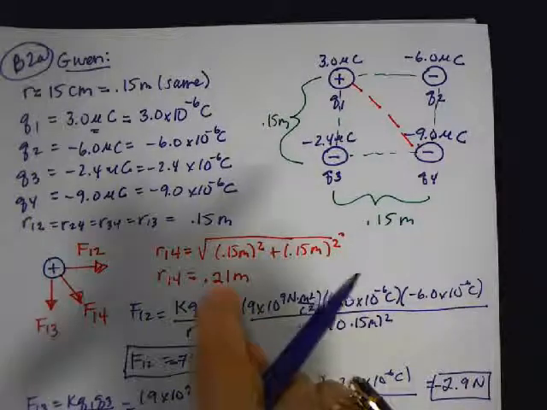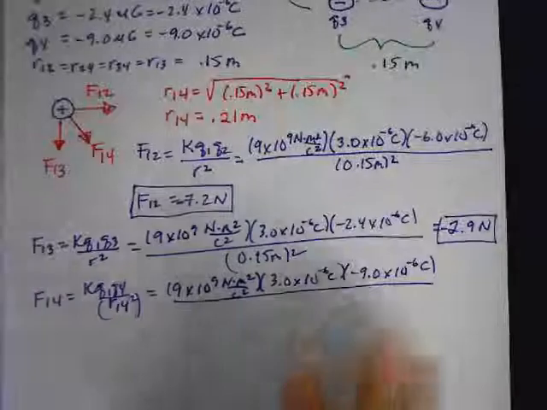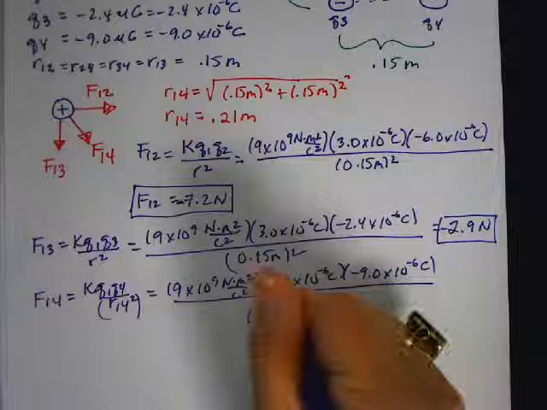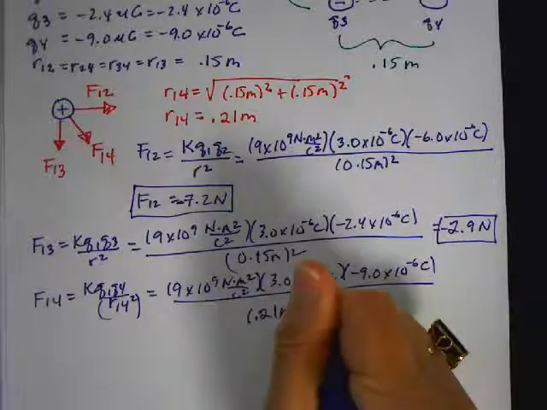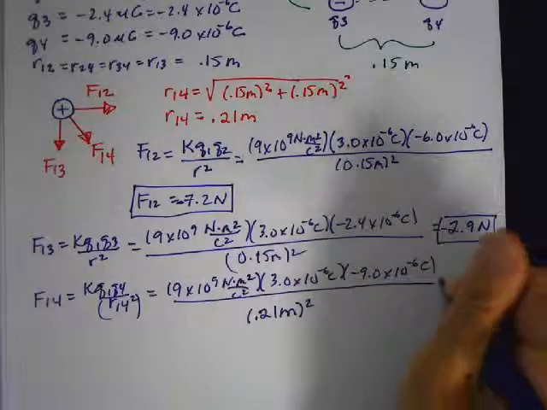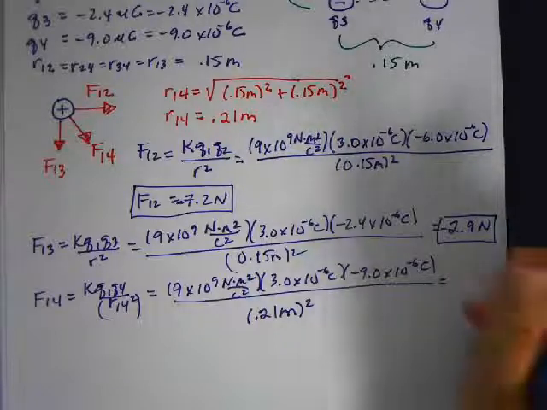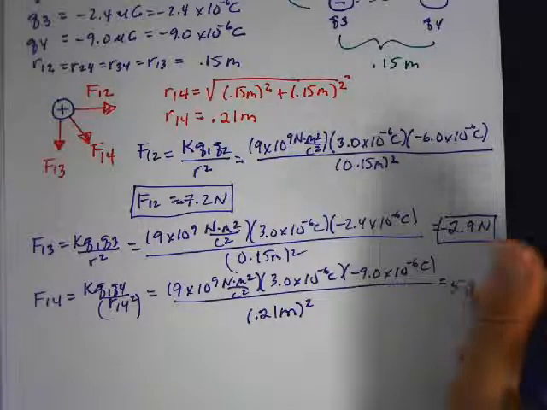That's what we found here. Divided by 0.21 meters squared. And when we do all that, this comes out to be 5.5 newtons.